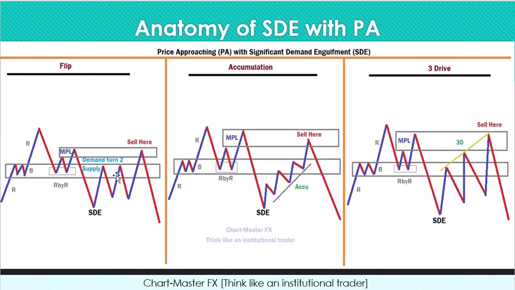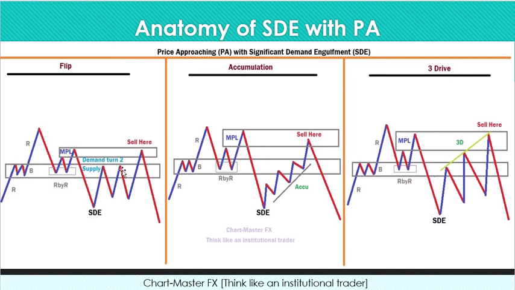Once the price made a flippy, it went to an MPL, and also if you check here, this is what we call a fake out. So we can combine a flippy with a fake out. Usually when there is a flippy area and there's a fake out at the same time, that setup is higher probabilistic.